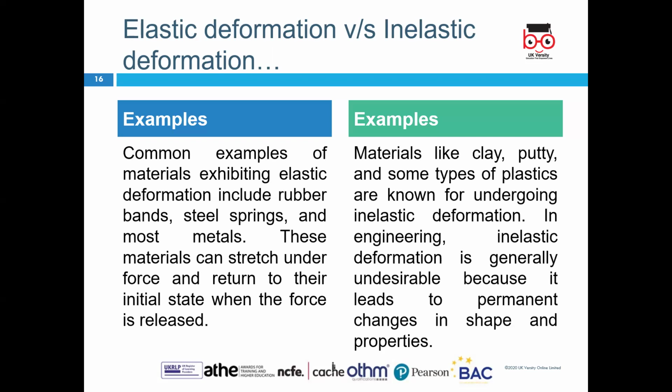But in the case of inelastic deformation, there is always some form of energy dissipation, for example in the form of heat, and the objects do not return back to their original shape and size. This is how you differentiate between elastic and inelastic deformation.